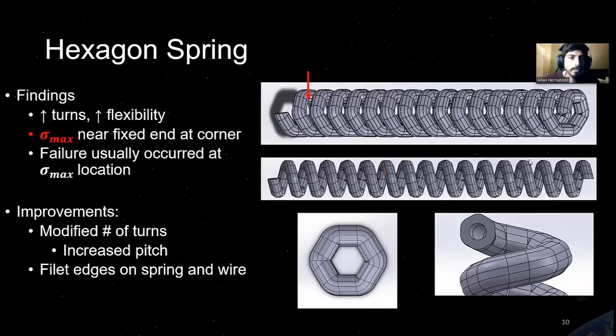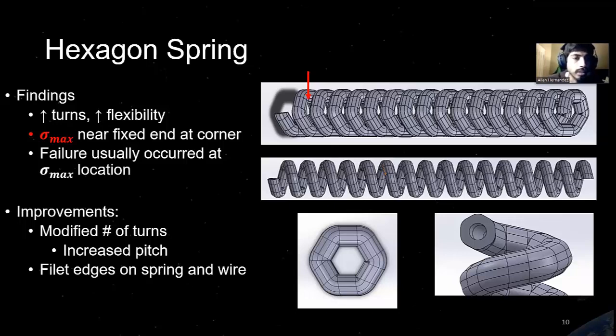The findings from the testing and the simulations were that as the number of turns increased, the flexibility also increased, meaning that a spring with a higher number of turns was able to bend more at the same loads and was able to sustain higher loads.